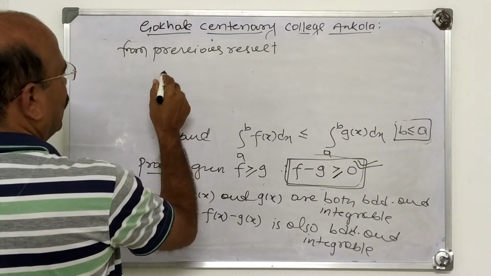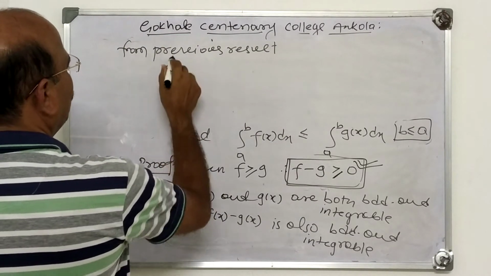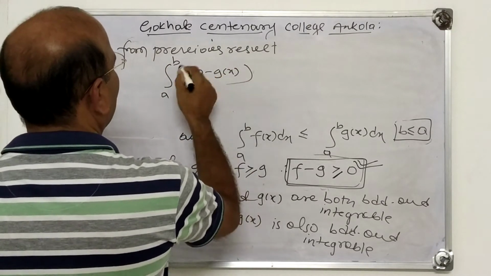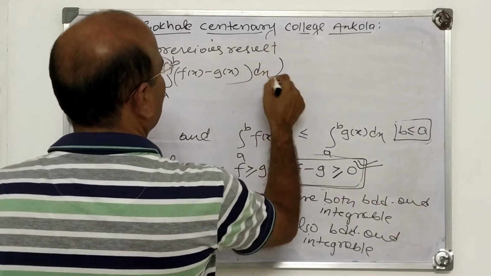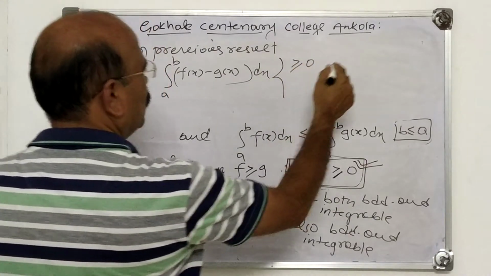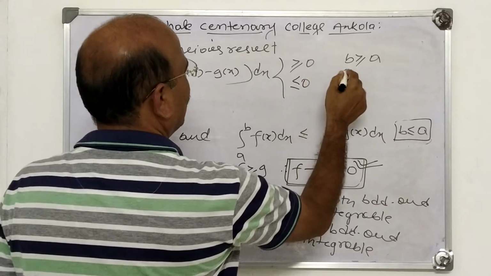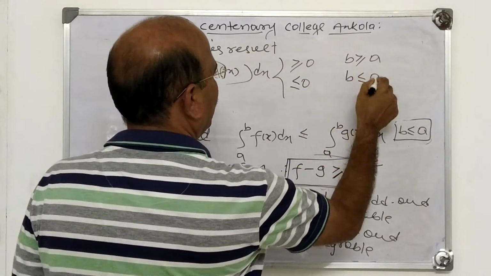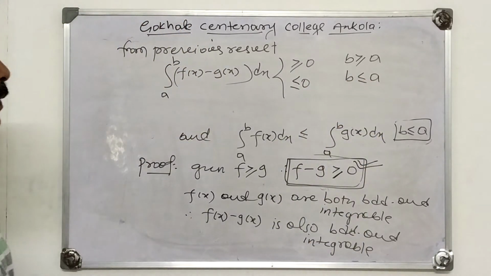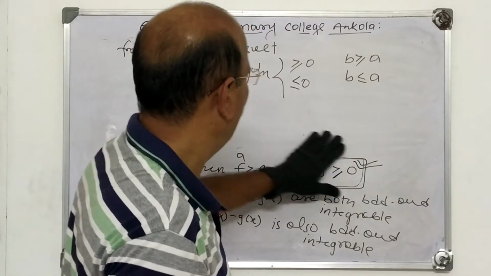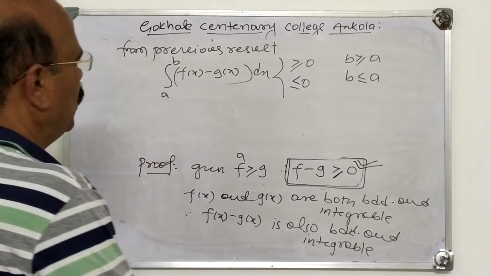From the previous result, integral a to b of f(x) minus g(x) is greater than or equal to 0 for b greater than or equal to a, and less than or equal to 0 for b less than or equal to a. See the previous result. We make use of that result here.